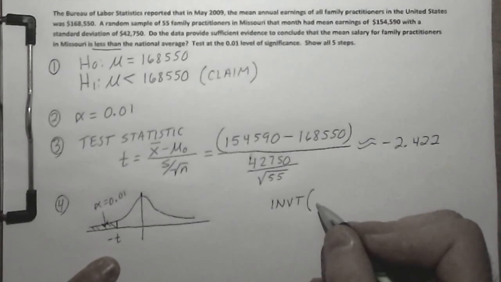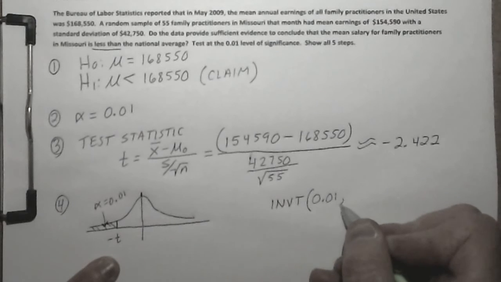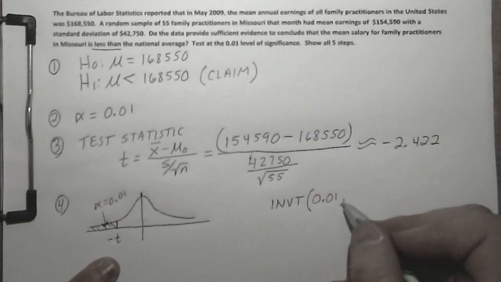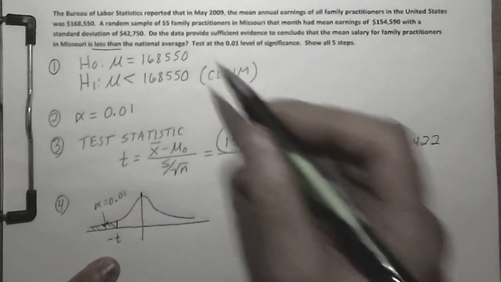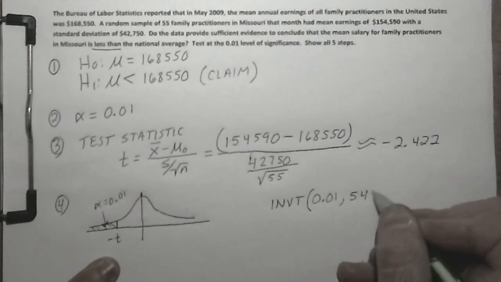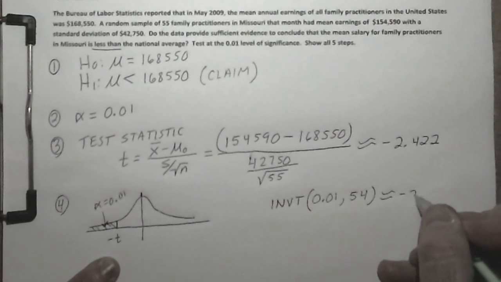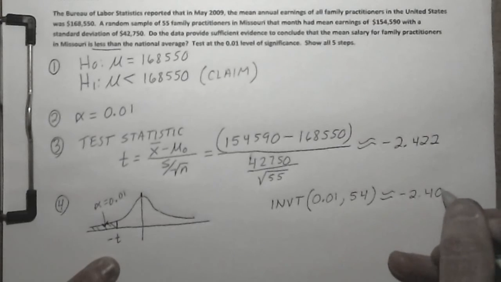And the area to the left of this critical t value is going to be 0.01. And we're going to have how many degrees of freedom? Well, it's always your sample size minus 1 degrees of freedom for this particular continuous probability distribution. Sample size was 55, so the degrees of freedom is going to be 55 minus 1, or 54 degrees of freedom. You type that in, and approximately you're going to get about negative 2.403.